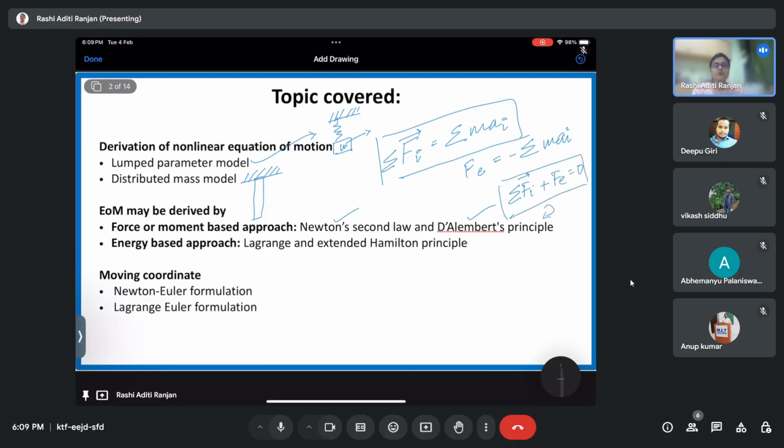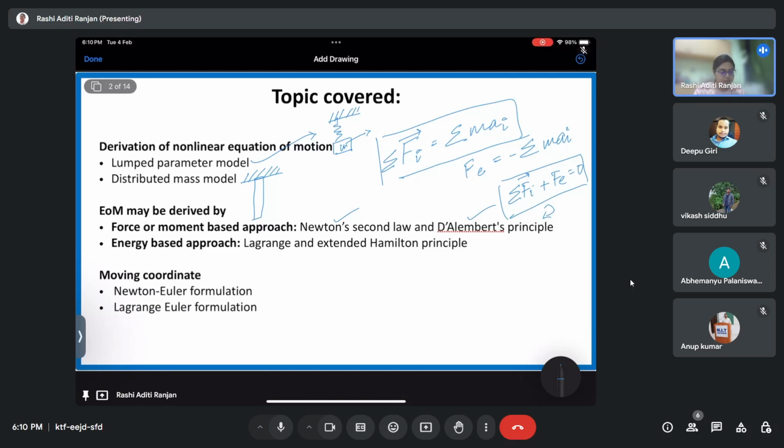This is your D'Alembert's principle. What does D'Alembert's principle do? It converts my dynamic system into a static system. If I convert it into a static system, then I can apply the principle of virtual work and all those to derive the equation of motion, right? So these are the two laws.